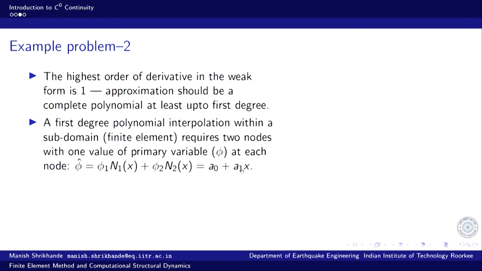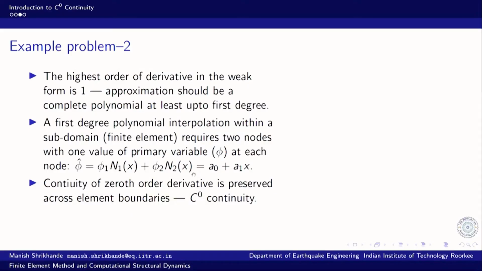These are two alternate representations of the same variation. A first degree polynomial is a first degree polynomial. There can be various ways of representing it, but essentially the polynomial variation is unique once it is defined. So, the first degree polynomial is unique between 2 points.